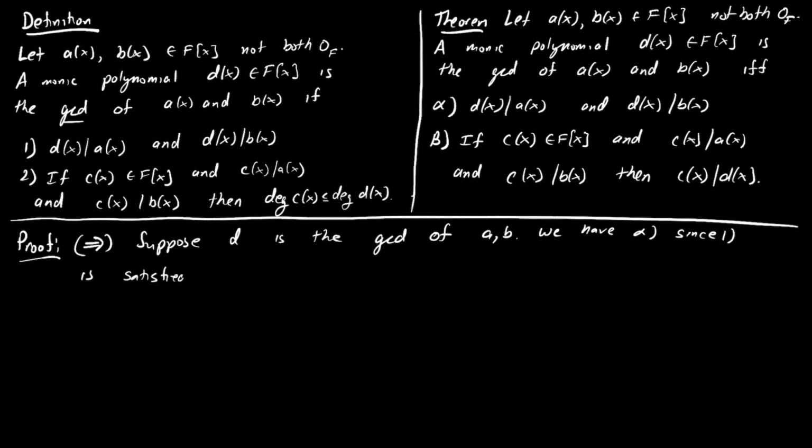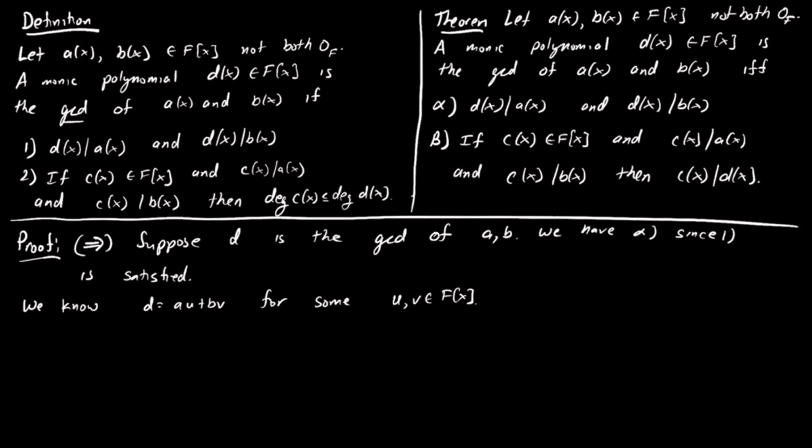Okay, so we know that 1 is satisfied. Well, what else do we know? We know by our last theorem that D can be written as AU plus BV for some polynomials, let's call them U and V in F[x]. Okay, so that's our last theorem that we just proved. D can be written as AU plus BV.